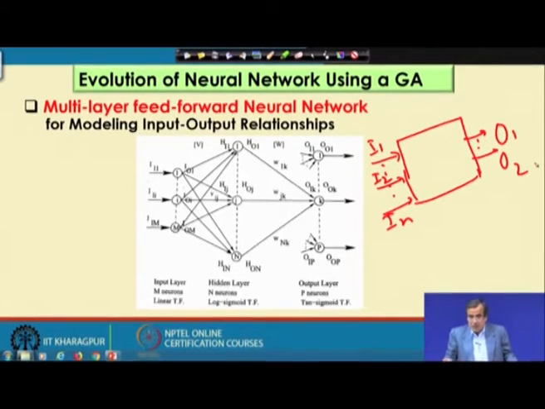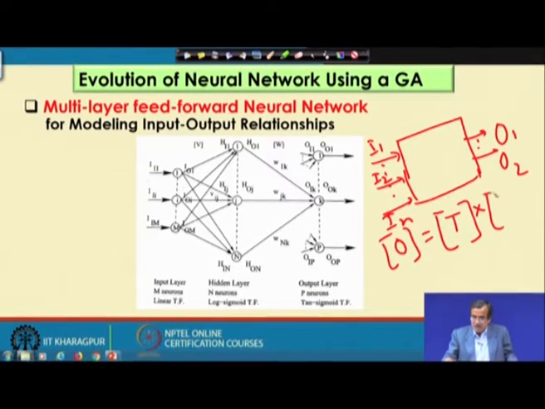The conventional method is like this. We try to express the output as a function of the input parameters, that is, output O is nothing but the transformation matrix T multiplied by these input parameters. Now, we supply a set of inputs, and if I know this transformation matrix, I can find out the set of outputs.